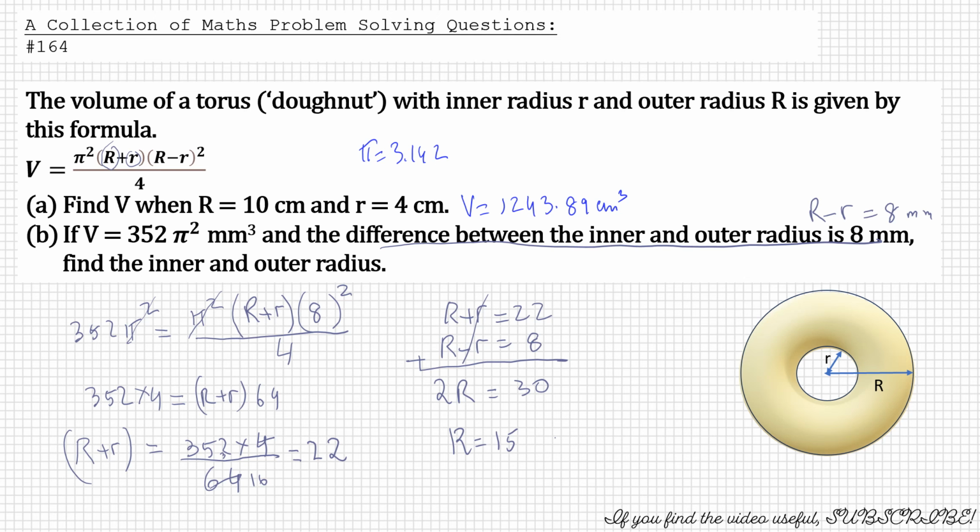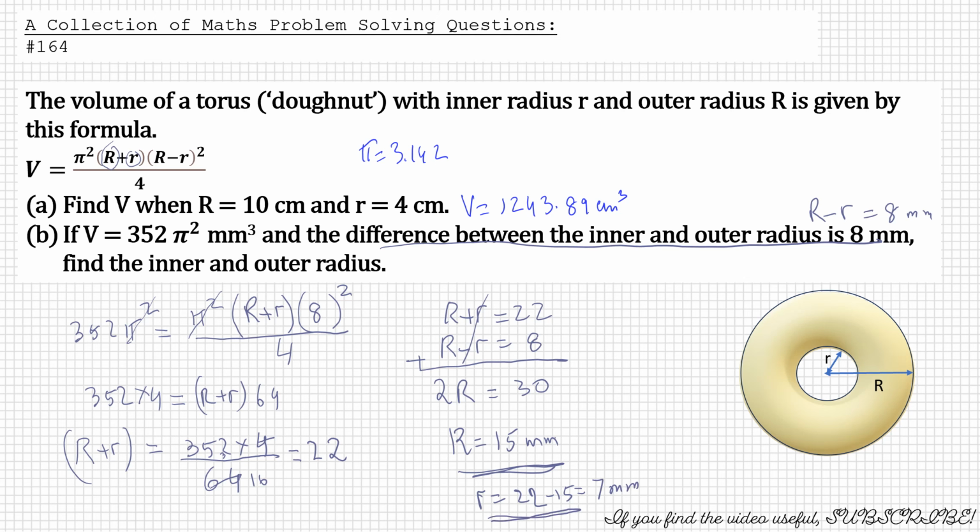Sorry, it's millimeters, not centimeters. So once capital R is 15 millimeters, small r is going to be 22 minus 15, and that is 7 millimeters.